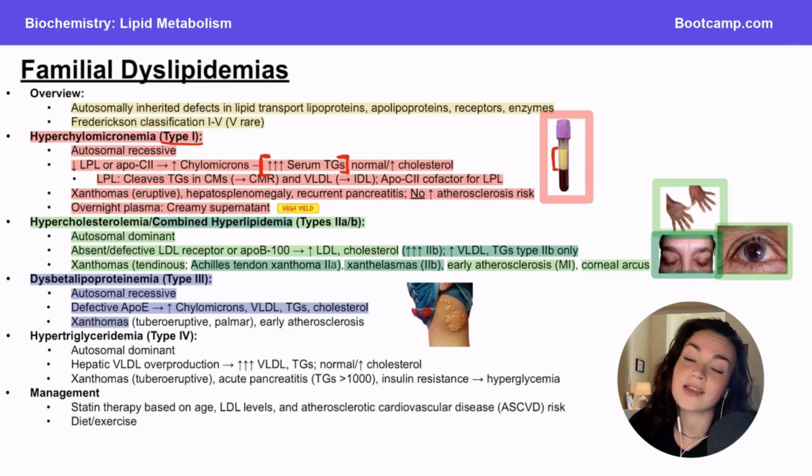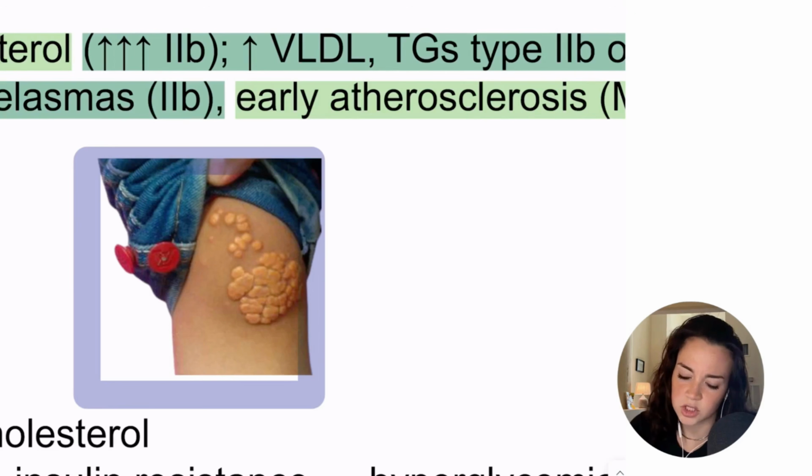You're also going to see xanthomas with type 3, and there are two types you're going to see here. There's the tuberoeruptive and the palmar xanthoma. So the tuberoeruptive xanthomas are like the eruptive xanthomas, which we talked about with type 1, but they also have a tuberous component, and I can show you on the picture here. These are sort of this firm yellow.